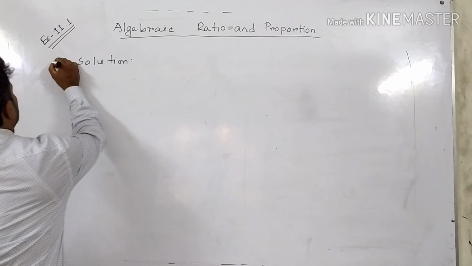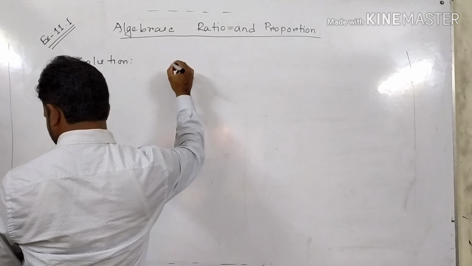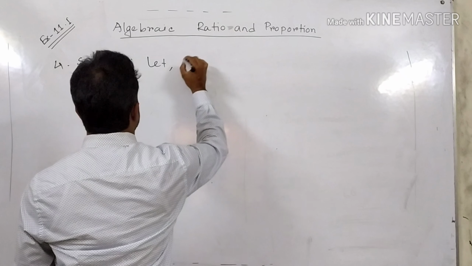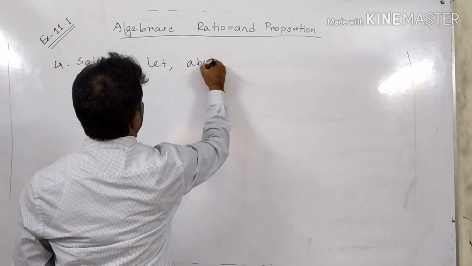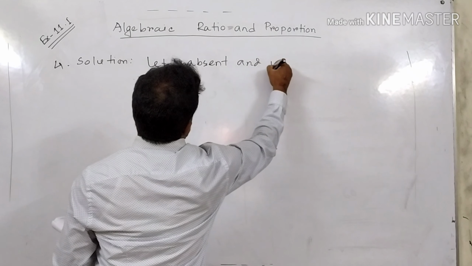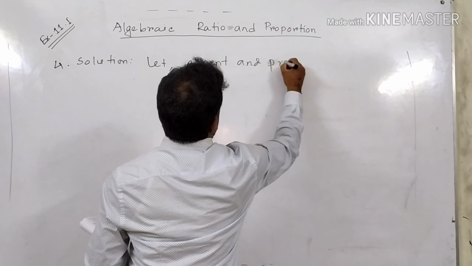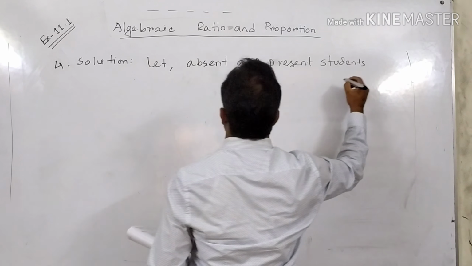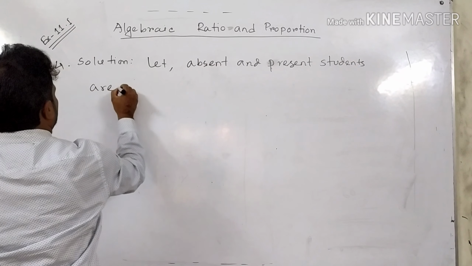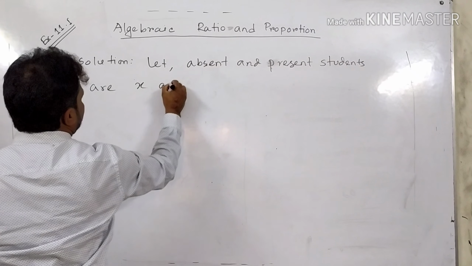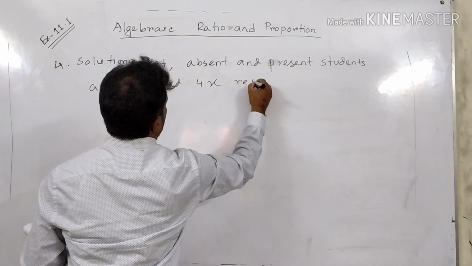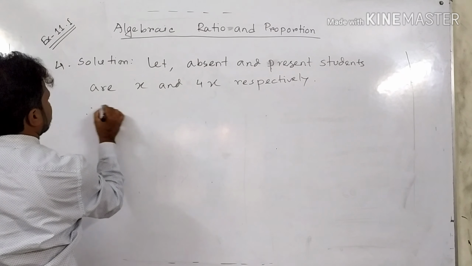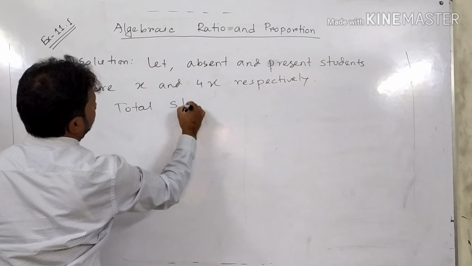Let absent and present students are x and 4x respectively, and total students, therefore total student that time what?